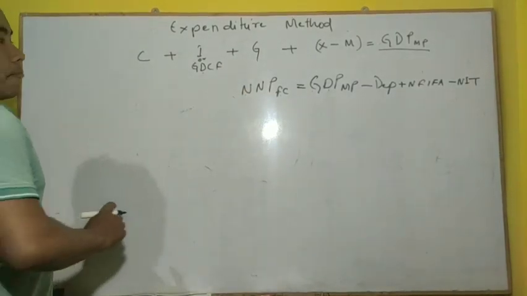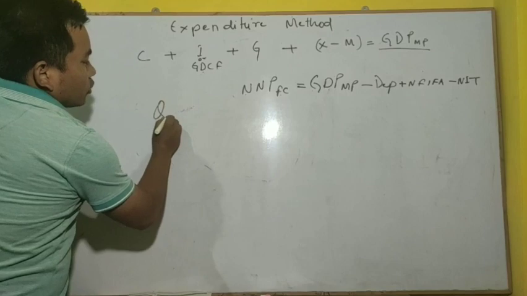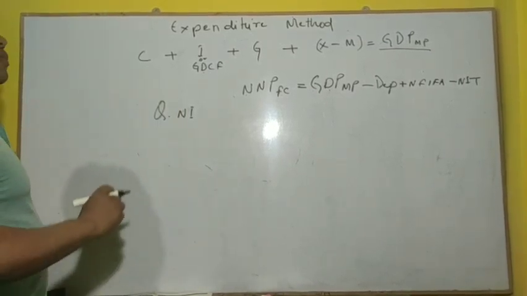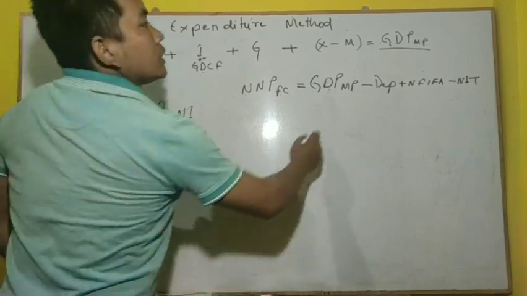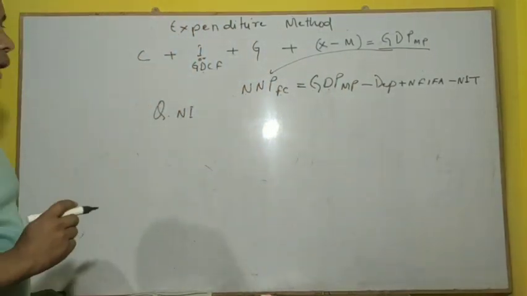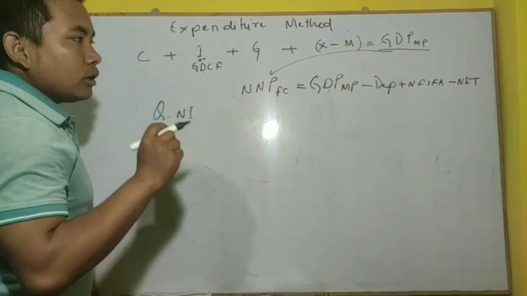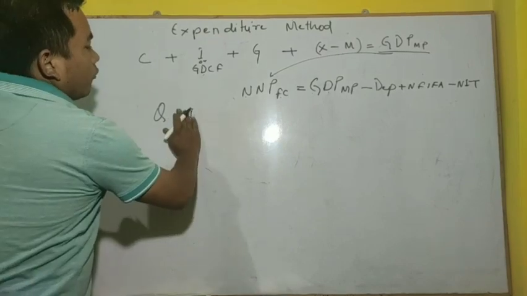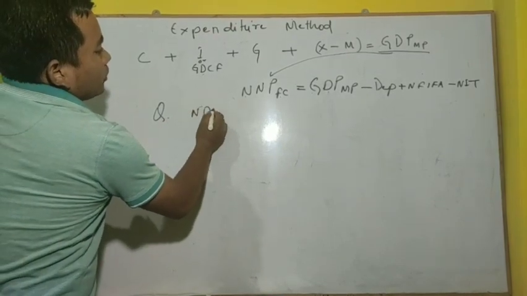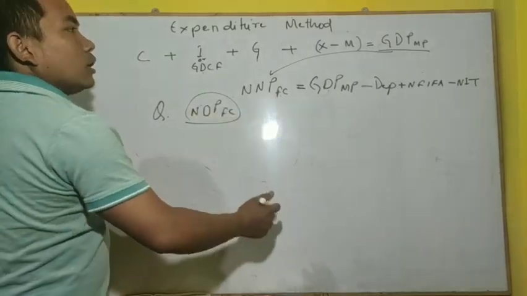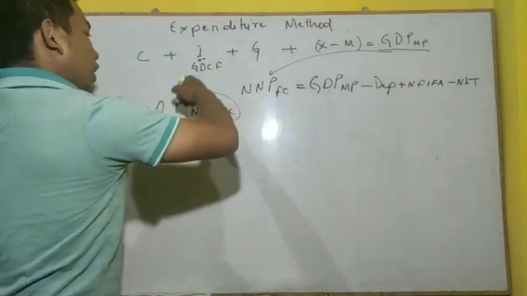But lastly, in examination, if the question asks you to find national income using expenditure method, you need to convert this GDP MP into NNP-FC. But in case they intentionally mention the values of national income to be found, for example, find the value of NDP-FC, etc., then you have to follow the steps to convert this GDP MP into NDP-FC.